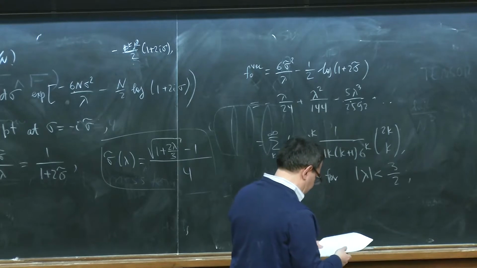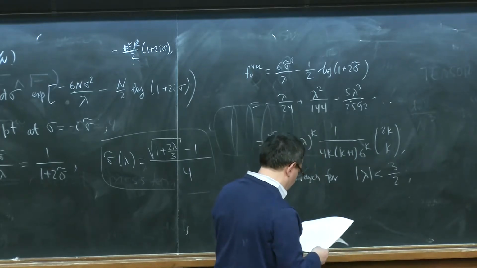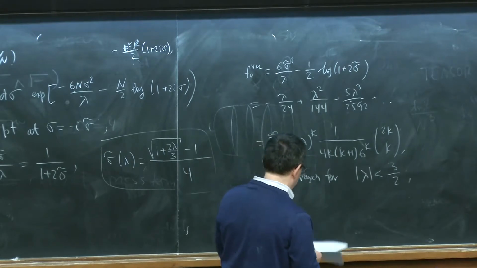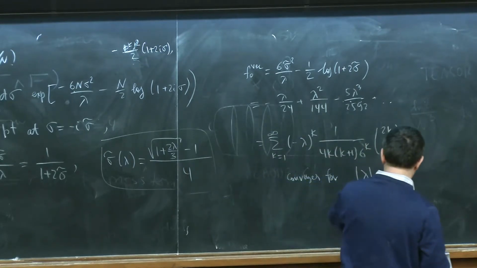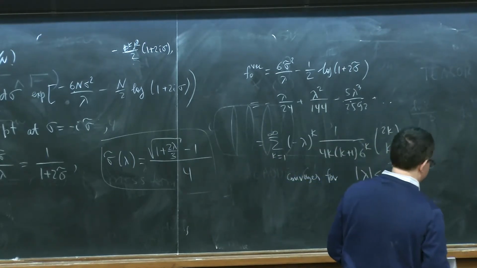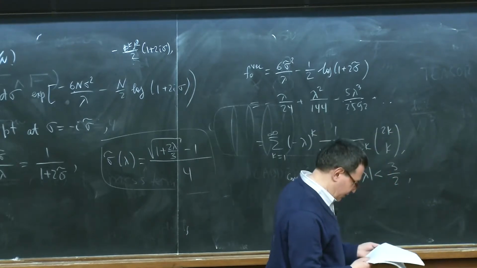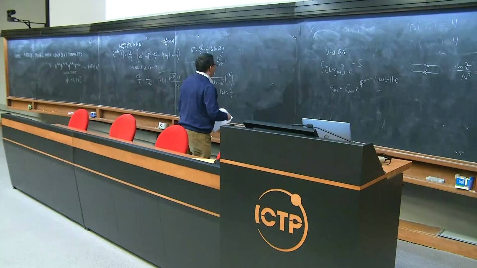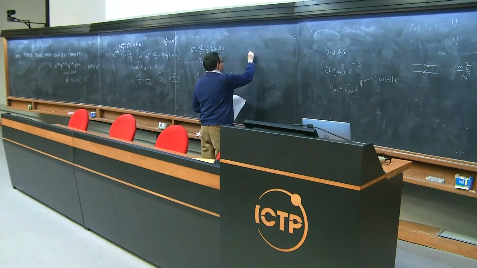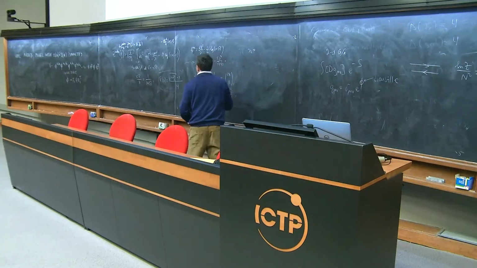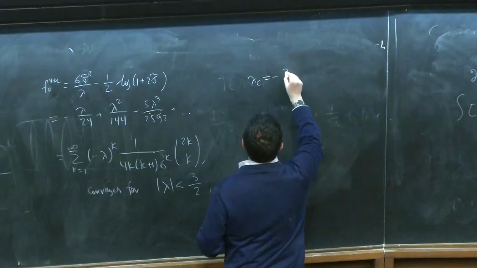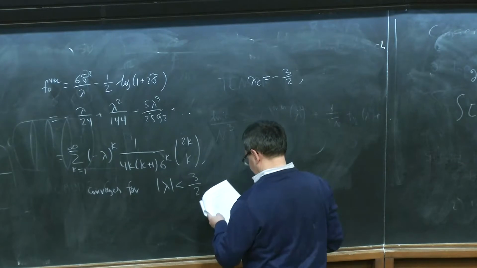And for example, for negative lambda, it makes sense for lambda bigger than minus 3/2. So there is this lambda critical, which is where this branch cut appears, equal to minus 3/2.